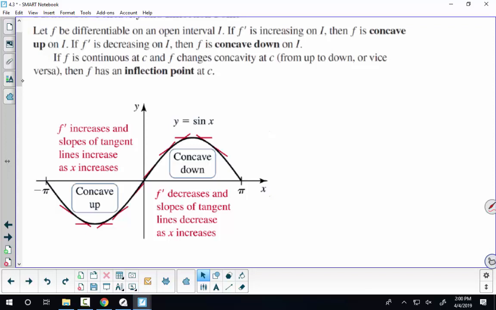Okay, so how will we decide where the first derivative is increasing? Because where the first derivative is increasing, the function is concave up. Similarly, how do we decide where the first derivative is decreasing, so we can determine where the function is concave down?